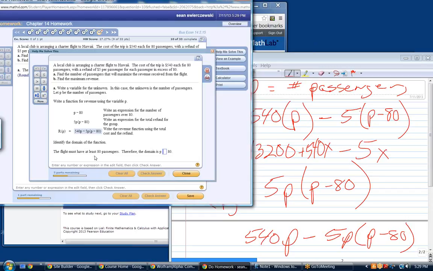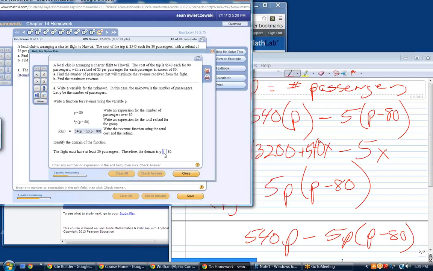Identify the domain of the function. The flight must have 80. Okay, so you have to have at least 80. What's this 80 here? Am I supposed to put like 50 comma and then 80 is the top end?